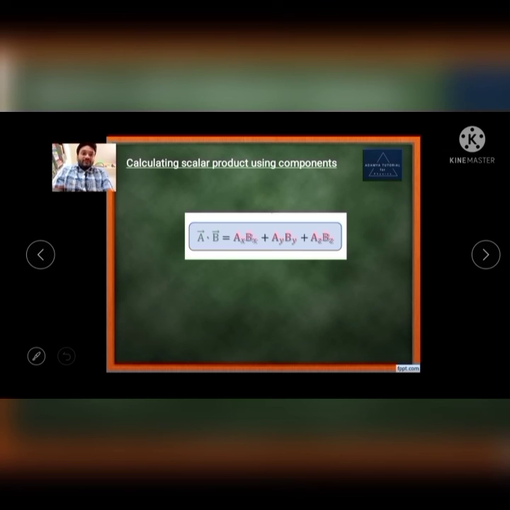We will calculate the scalar product between two given vectors, here vector A and vector B. Instead of giving this, if the vectors A and B are given in terms of their components, we will split the given vector A into three components, which is Ax into I cap plus Ay into j cap plus Az into k cap.